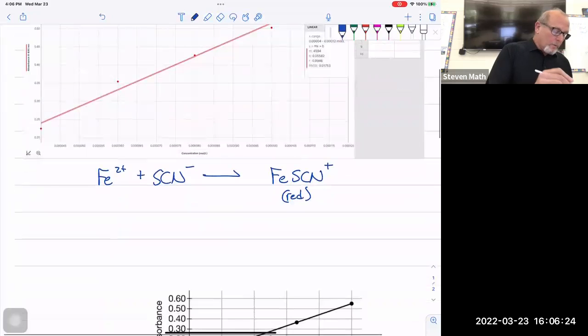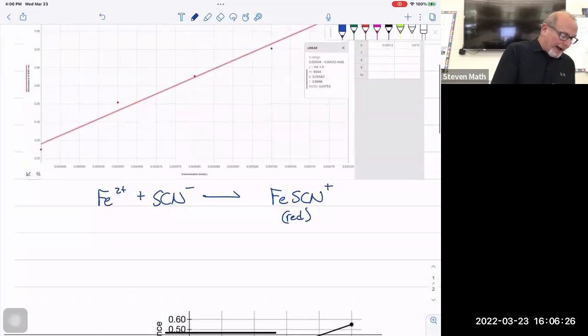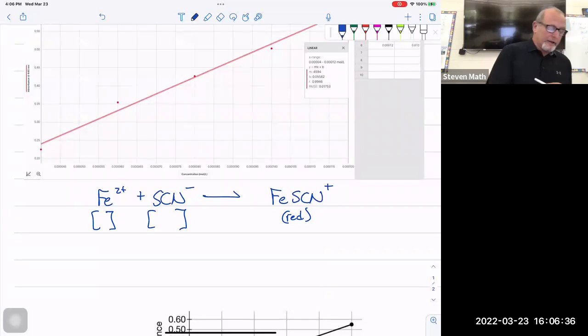What's kind of unique is I can change my concentration of Fe and my concentration of SCN, then plug my solution into my spectrometer. And let's say it measures the absorbance at about 0.42 or whatever.